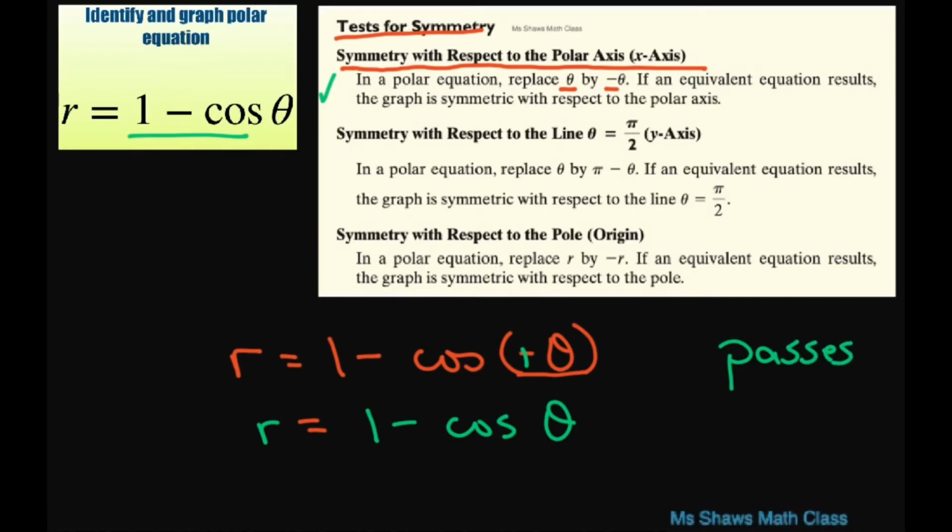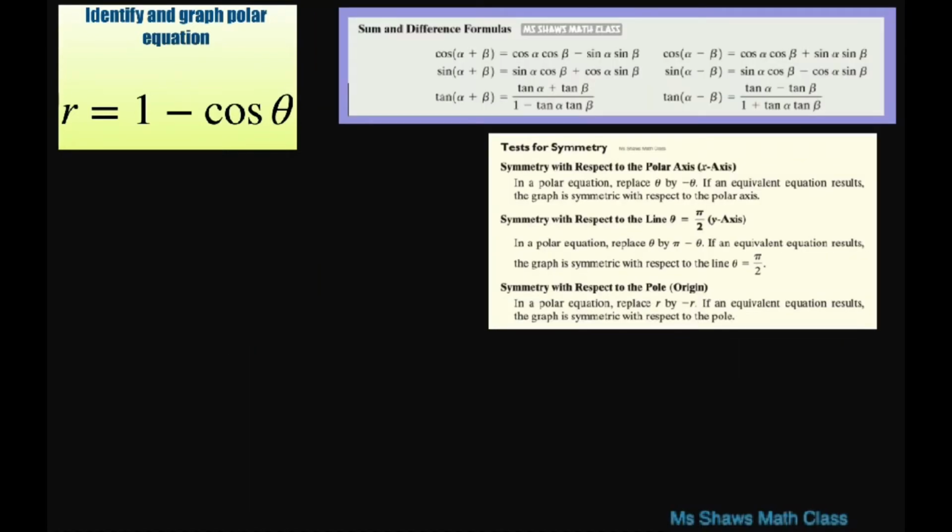Now let's check for symmetry with respect to the line theta equals pi divided by 2, which is the y-axis. In this case, we're going to replace theta with pi minus theta. So we're going to write r equals 1 minus cosine of pi minus theta.